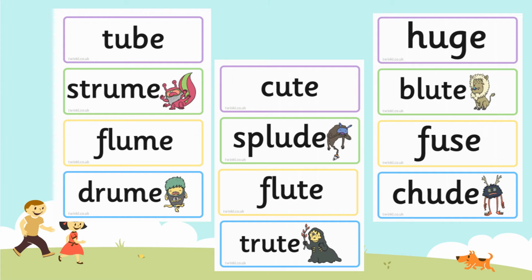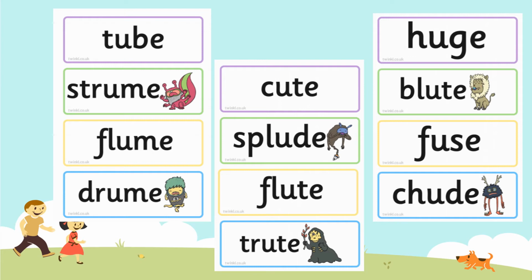So what I'd like you to do, before we get started, I want you to have a think about it on your own. So you're going to try and read all of these words. Read it with a U sound first, and then try and read it with an OO sound. And when you've tried both, think which one makes more sense, and then you can move on to the next one. Okay? And then come back to the video and we'll read through them together.